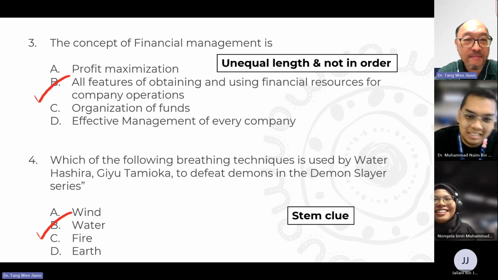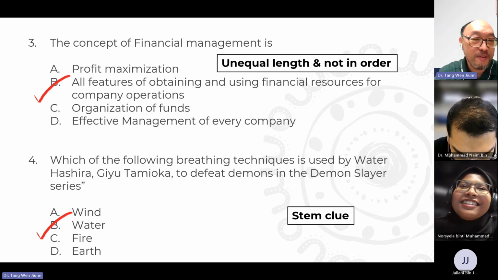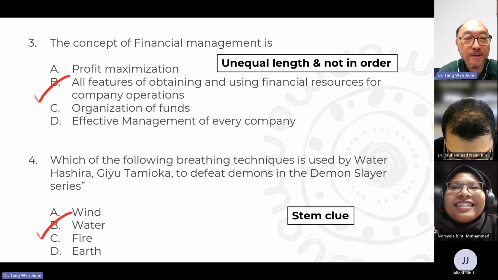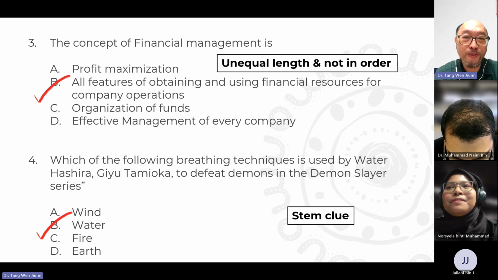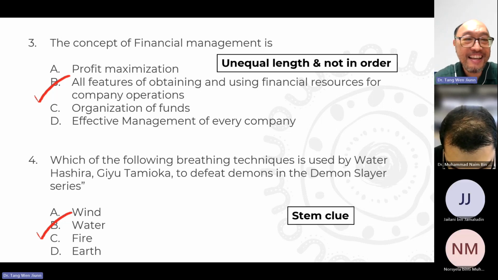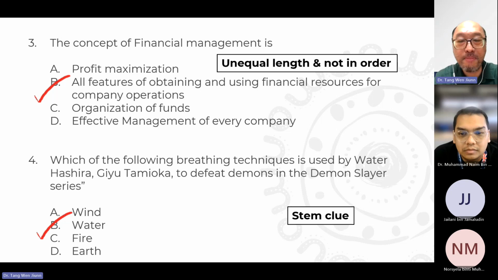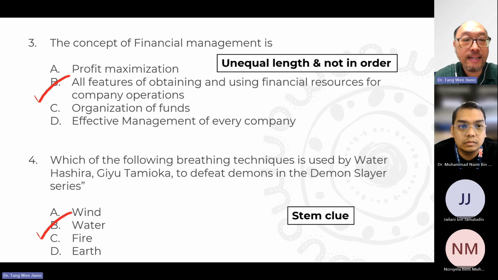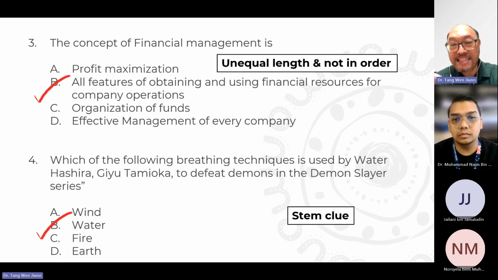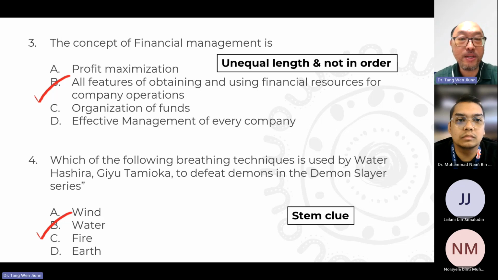So, if you have MCQ questions, make sure you look back: do you have a stem clue in your question? Like this one here, it says water, so definitely it's water. These are examples of stem clues that sometimes we accidentally put in our MCQ questions.